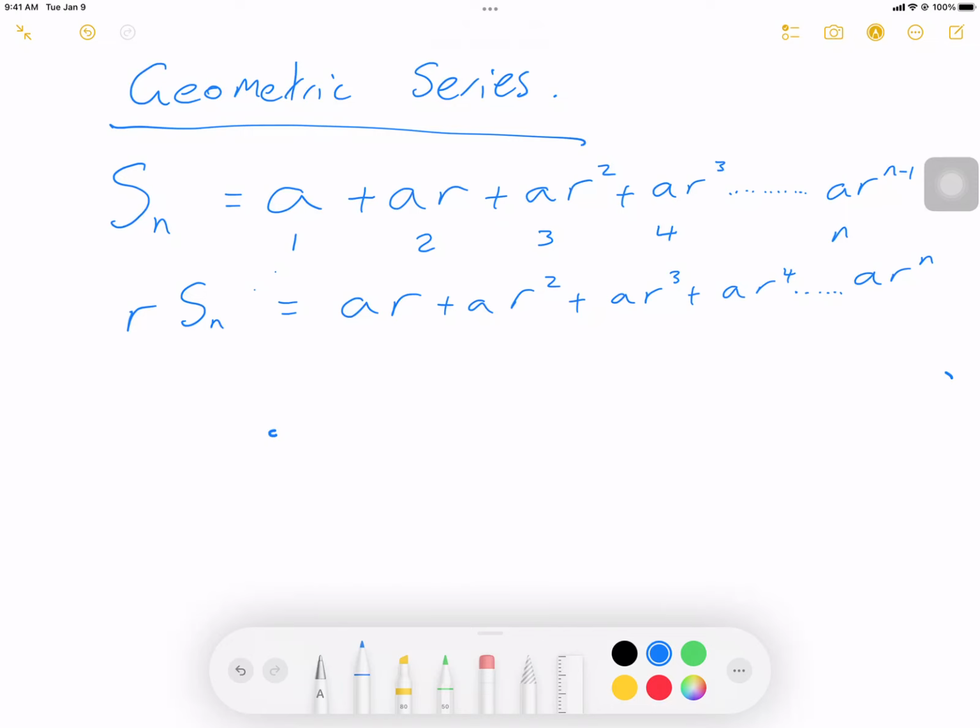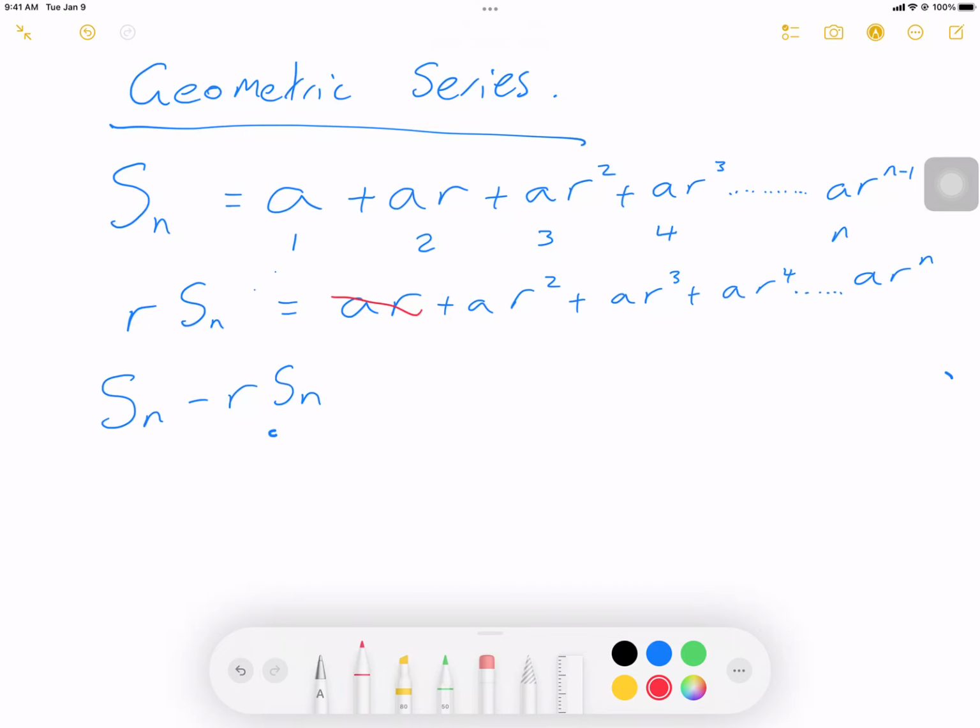Cool. That doesn't make life any easier. What if I were to say Sn minus r times Sn? So basically, I'm going to be subtracting the bottom line from the top line, and what you're going to notice is that a lot of those terms are the same.